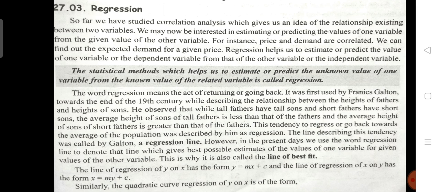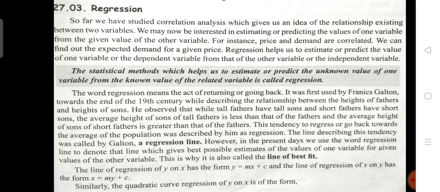So the tall father has tall sons, but the average height of sons of tall fathers is less than that of the fathers. That is the tendency to regress back towards the average of the population.